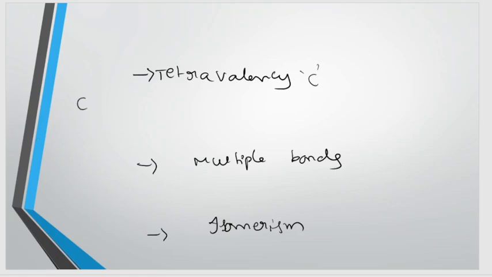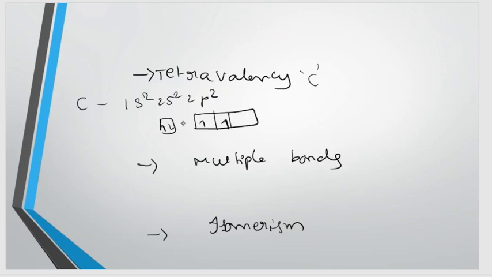The configuration of carbon is 1s2, 2s2, 2p2 with atomic number 6. 2s2, 2p2 means there are 2 electrons in the 2s subshell and 2 electrons in separate p orbitals.